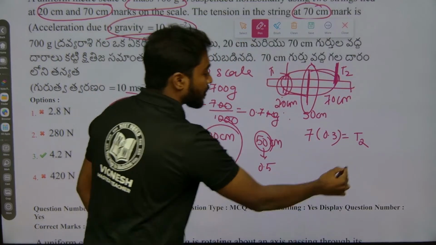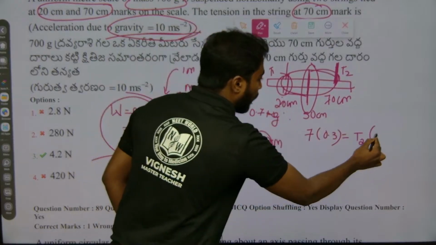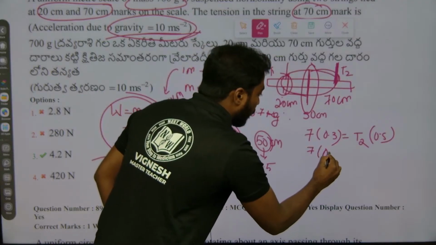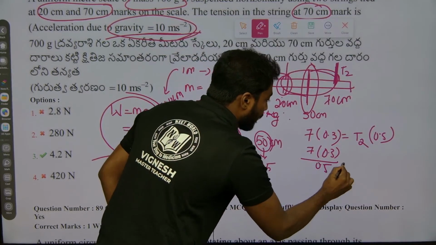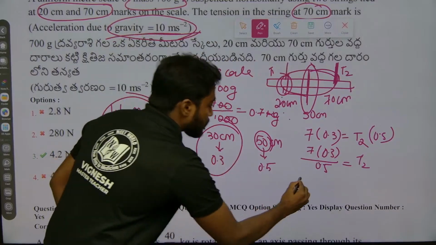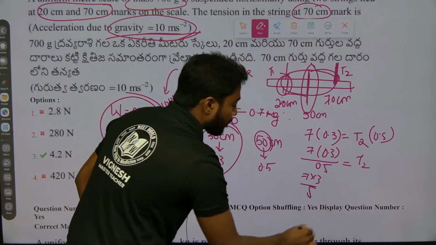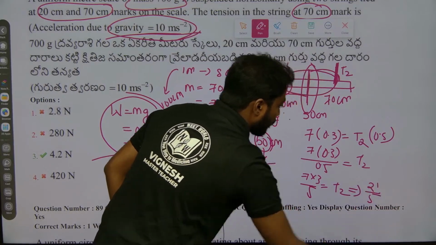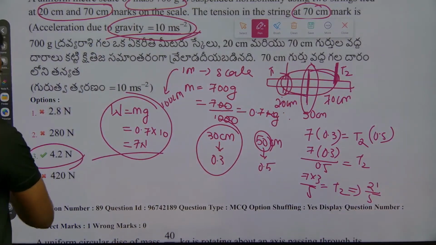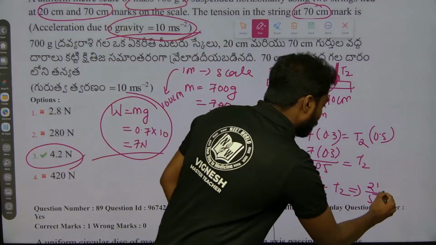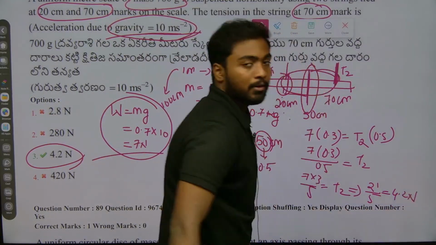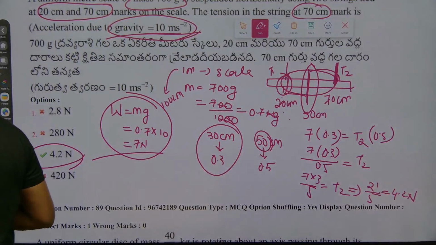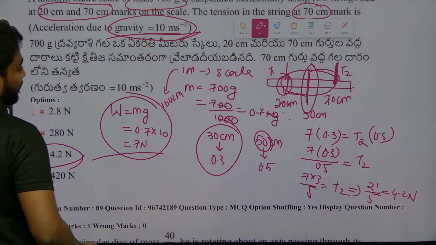That's why I have taken tension 2, and the distance is 0.5. So 7 into 0.3 divided by 0.5, I will get tension 2. 7 into 3 by 5, which is nothing but 21 by 5. So we will get 4.2 as the answer. 4.2 Newton. Okay. Yes. We will go for the next question.